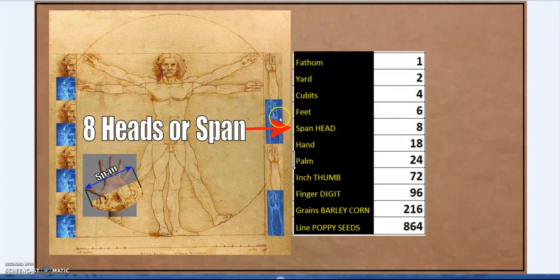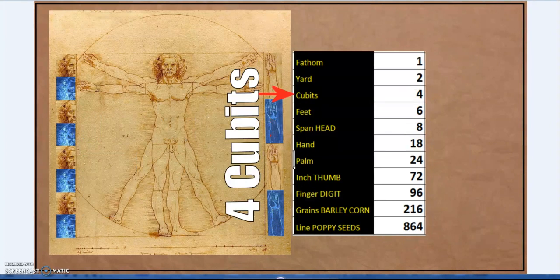So your height, as defined by your body, is 4 cubits. So there we see 4 cubits. So span and cubits are, to begin with, proportions based on the human body, unlike feet. Feet is not based on the foot.